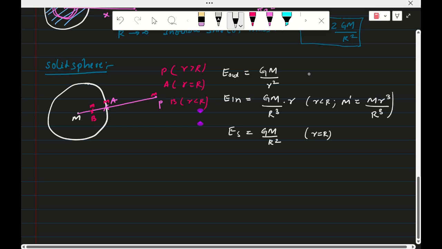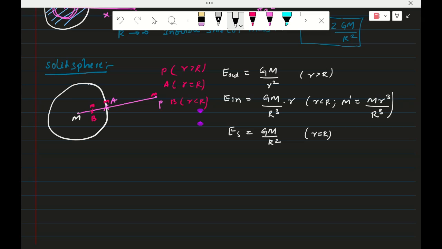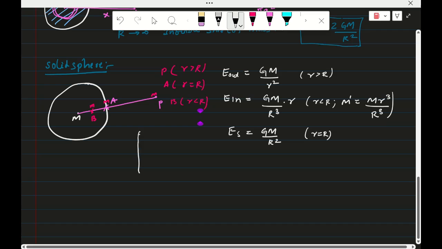There I'll explain again. So for r greater than R, this is field, meaning force by m we can substitute directly. Already explained force values, force formulas. So you can check. So now the graph for this one. If you see the formulas, inside it is linearly proportional to r, so it increases up to one value.